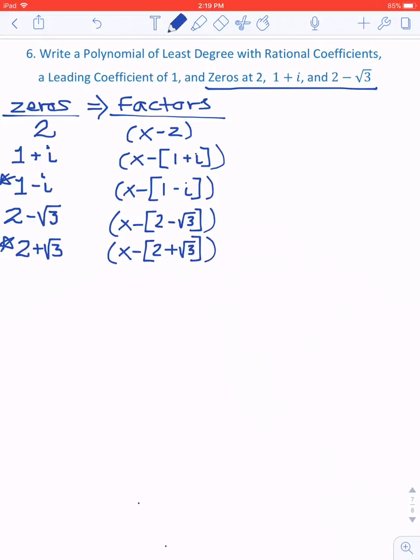Right, so after you have those 5 factors written out, all as an x minus, what should you do? You need to simplify those. Right, so go ahead and simplify those.